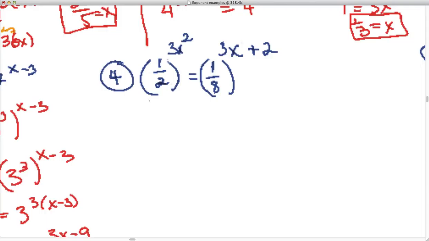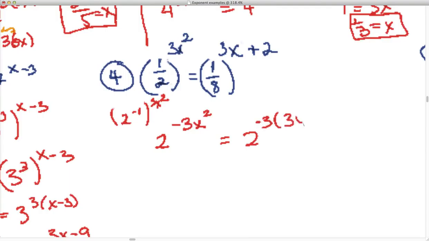Let's look at this one. For instance, if we have 2 to the negative 1 raised to that, I can automatically go to this step. Because how did I do that? Because that's 2 to the negative 1 raised to the 3x squared. And then one power raised to another power, you multiply the powers. And then we have 2 to the negative third times 3x plus 2.